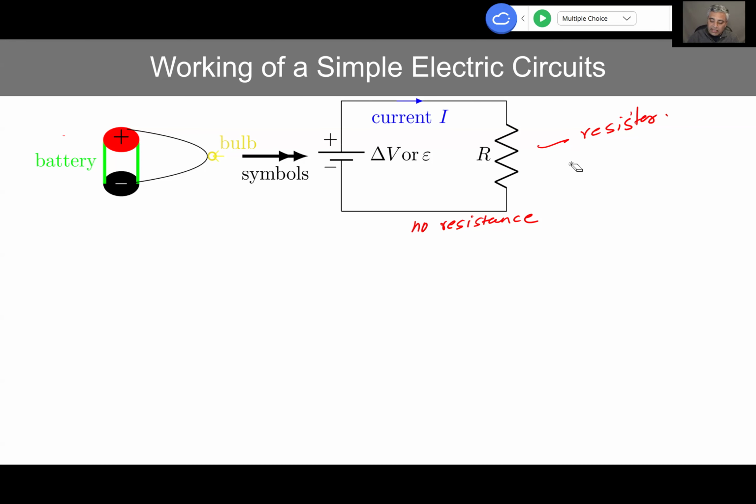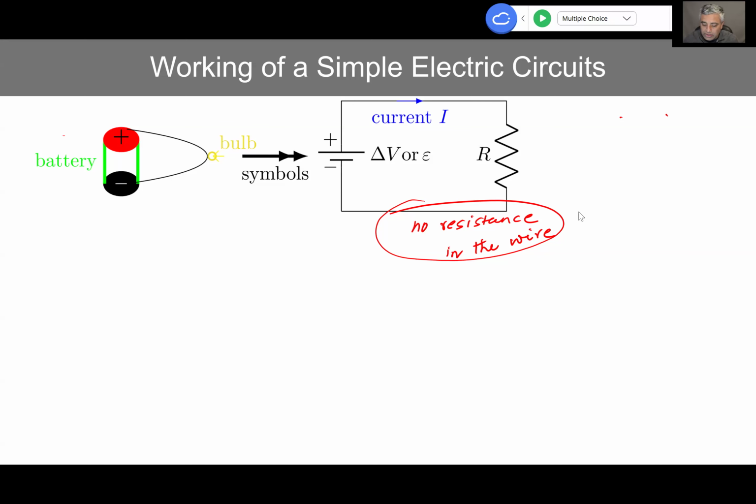So that's why it doesn't get as much hot and it's more energy efficient, those LED bulbs. So they use quantum principle to generate light. Okay. So here there is no resistance in the wire. That's what we assume. Okay.